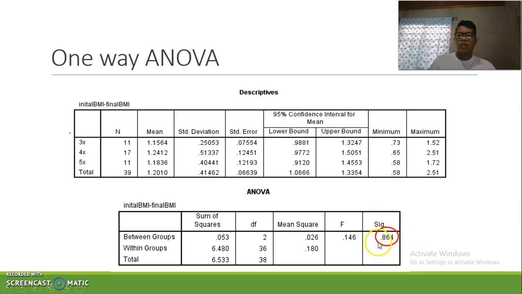This is our main focus in our inferential questions. You notice that the means are just about equal: three times a week, the weight loss is 1.15 kilograms, four times a week 1.24, and five times a week 1.18. That's why the p-value is greater than 0.05, because the mean differences are small.